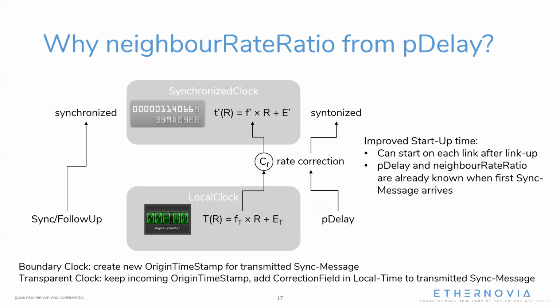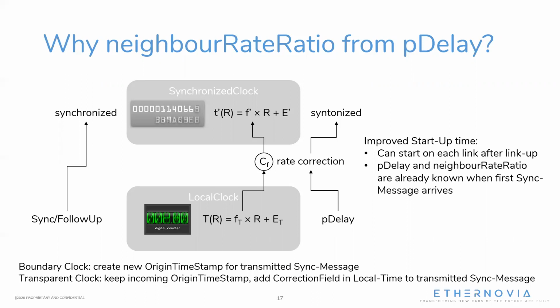The point being that if you do pDelays in local clock, what you basically get is the rate correction. You can do the neighbor-rate-ratio calculations, and as links start up, you can actually add up or multiply these neighbor-rate ratios.